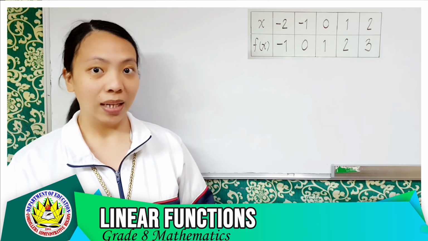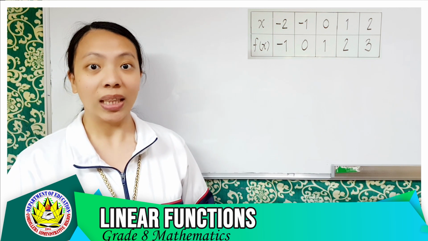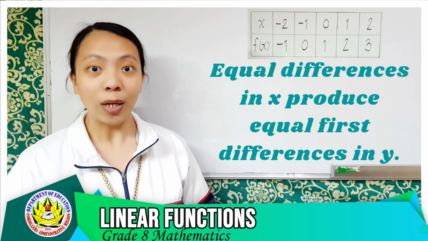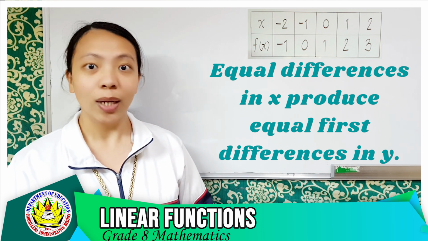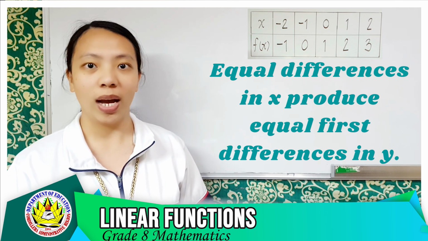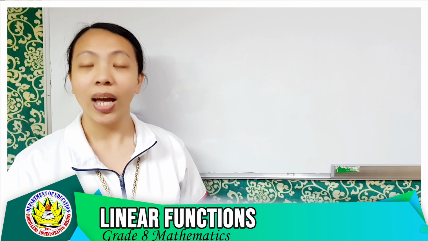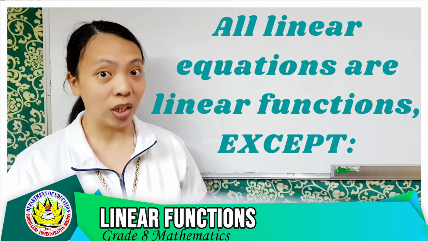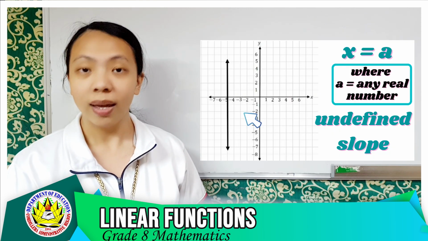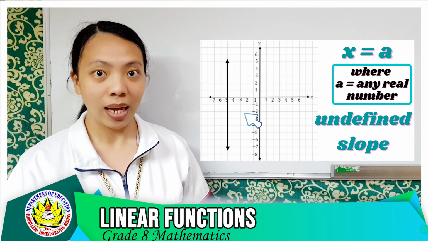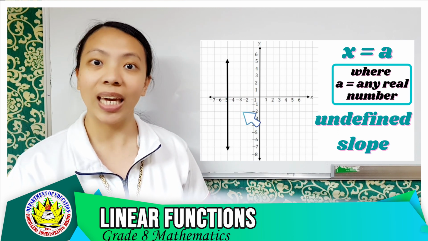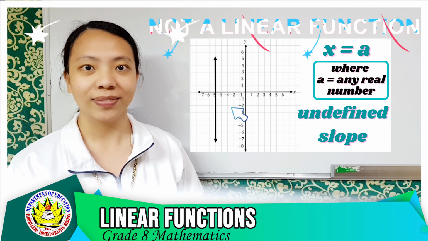Given a table of values, we can know that it is for a linear function if equal differences in x produce equal first differences in y, and that all linear equations are linear functions except for x is equal to a, or a linear equation whose graph is a vertical line.